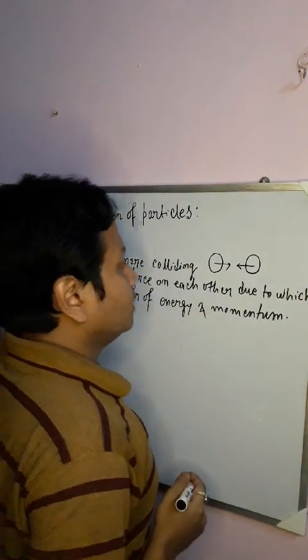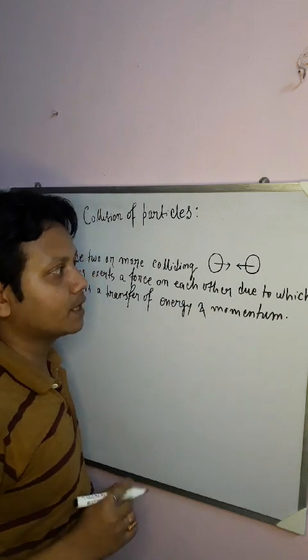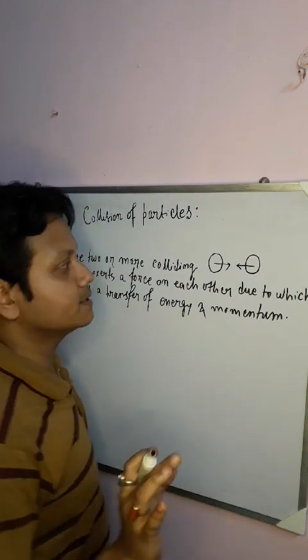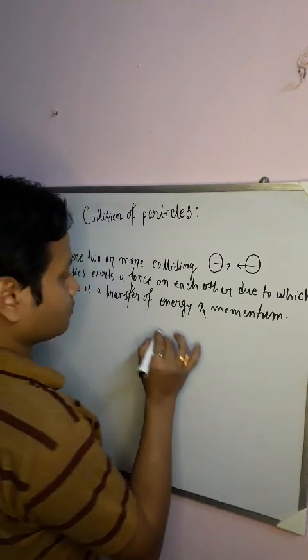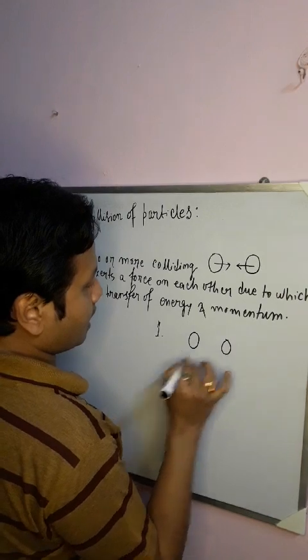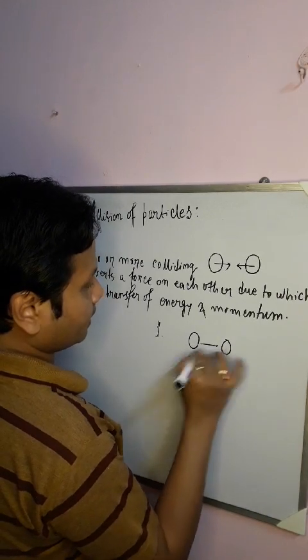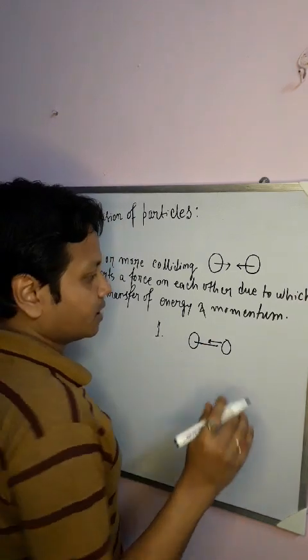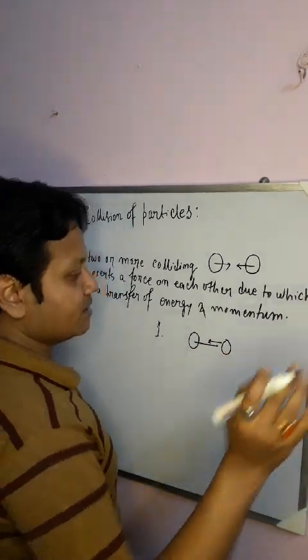Now here one thing I have to say, that there are different possibilities. The first possibility is that after collision it is possible that both objects are moving in the same direction.